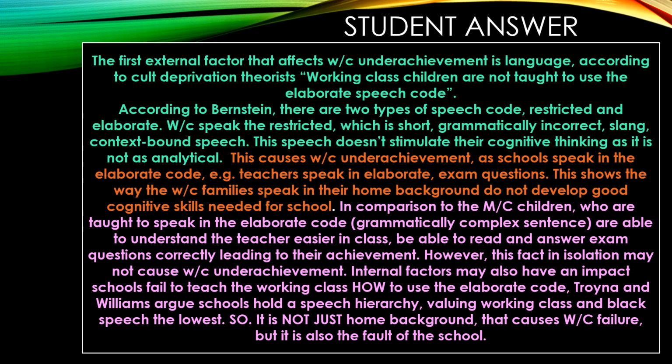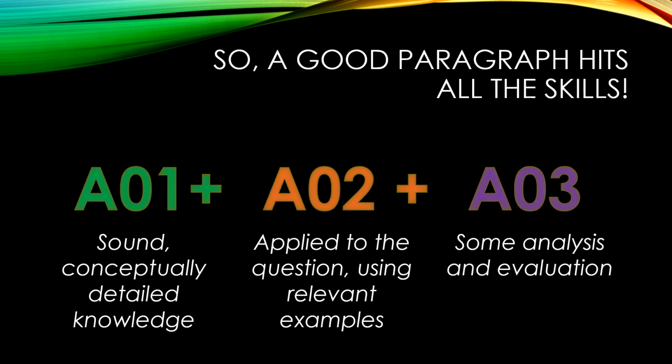But it's also analysis, because you are showing that something that's happening in the child's home life is having a knock-on effect into their school life. So the student then concludes it is not just home background that causes working class failure, it is also the fault of the school.